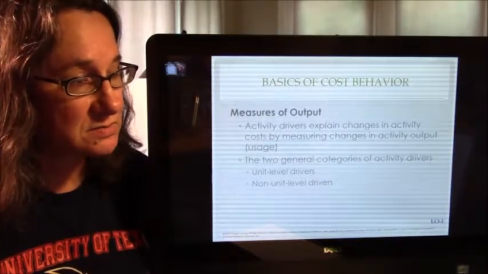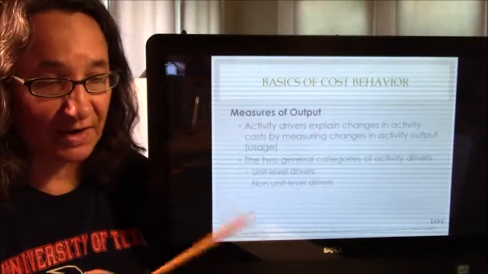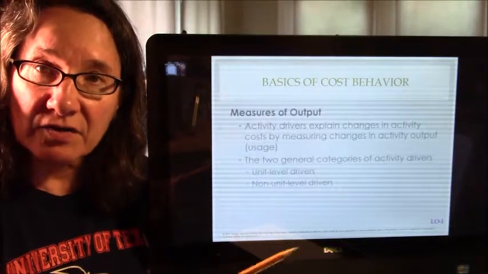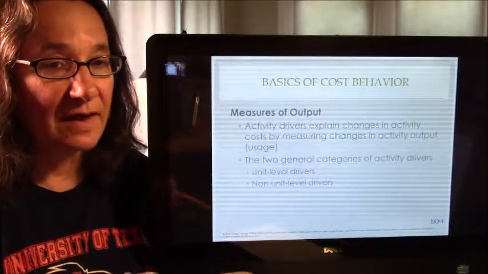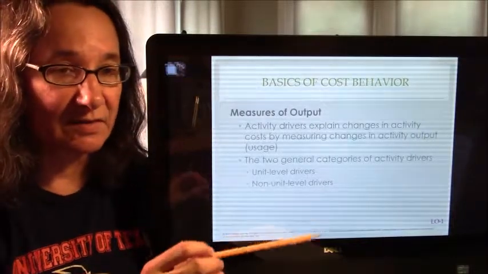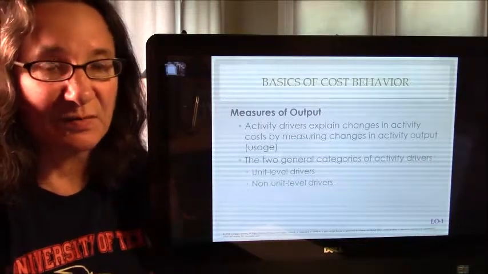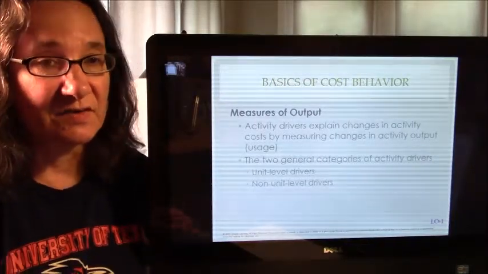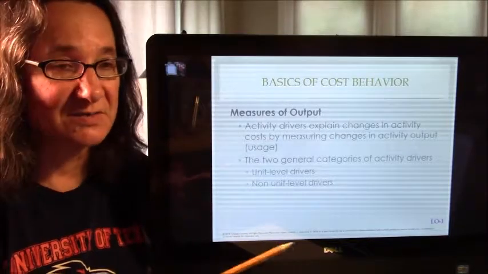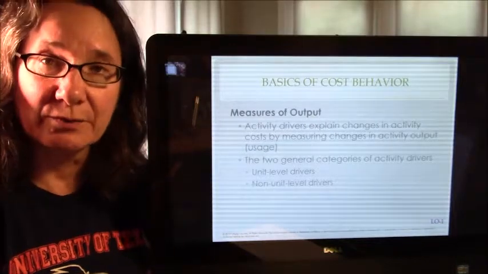Then your other choice is non-unit level drivers. So I have this pencil factory, I'm cranking out pencils, but instead of counting how many pencils I turn out, maybe I count how many material moves the employees make. So they take this material one time and put it here, another material and put it here, right? So the more of those I have, the more total costs go up. Machine hours. The machine that makes the pencils, however many hours it runs, that drives the total cost.